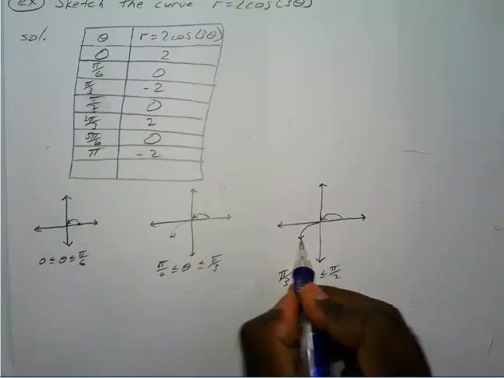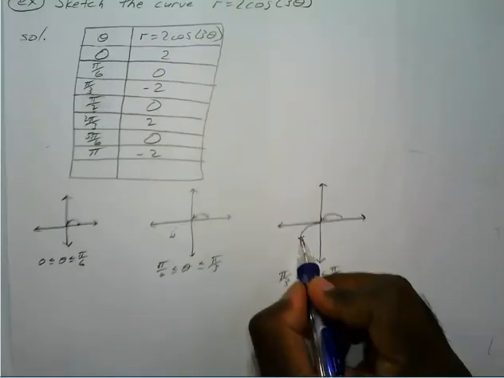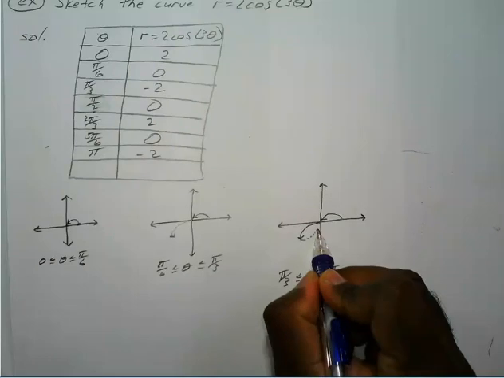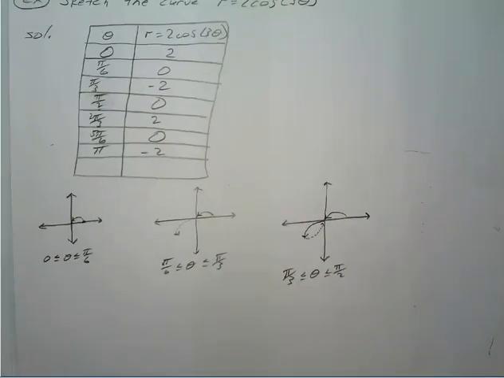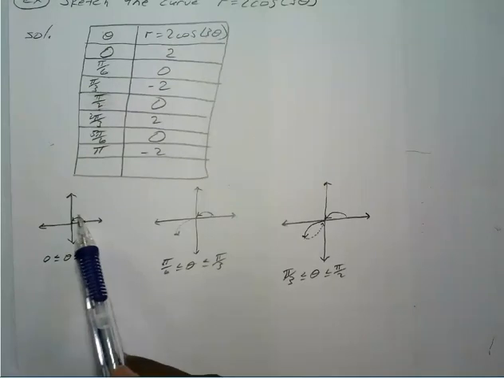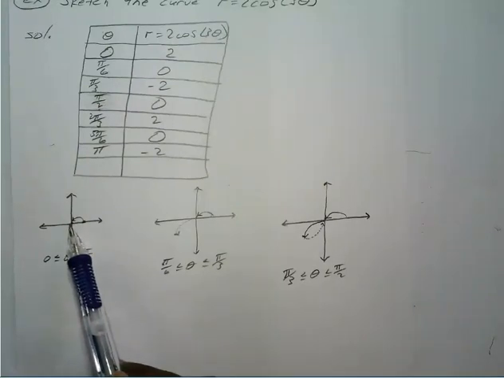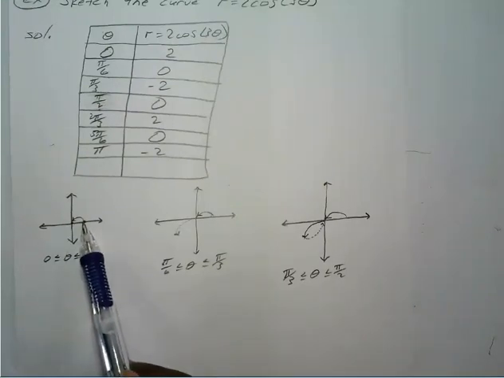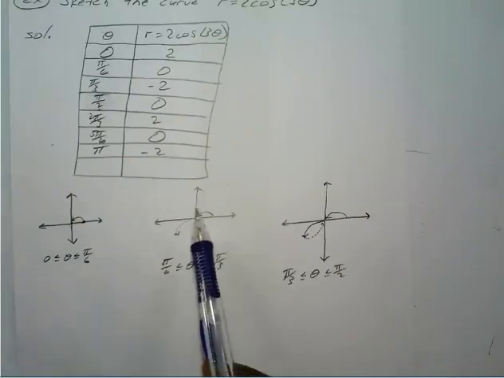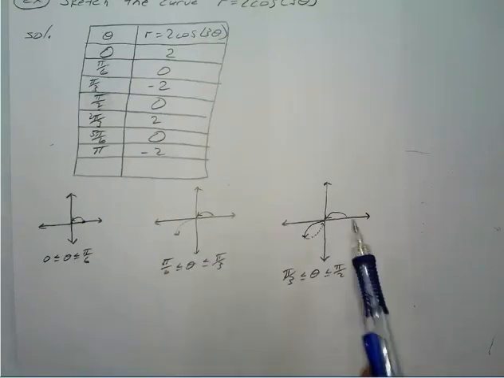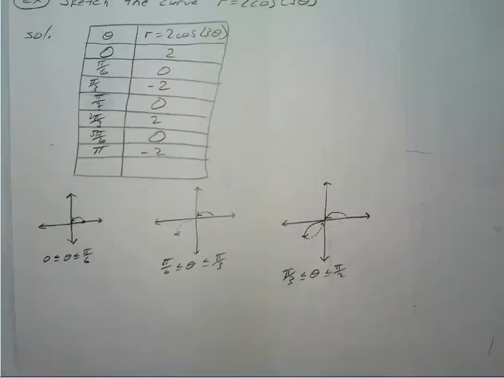So it goes from -2 back to 0. So that means it goes right back there. Okay, so you see how we're starting. We're starting with our first little loop where our theta was 0 to pi over 6, and then it went from there to here, and then it went from those two to the third one. Okay, so we're slowly building our graph.